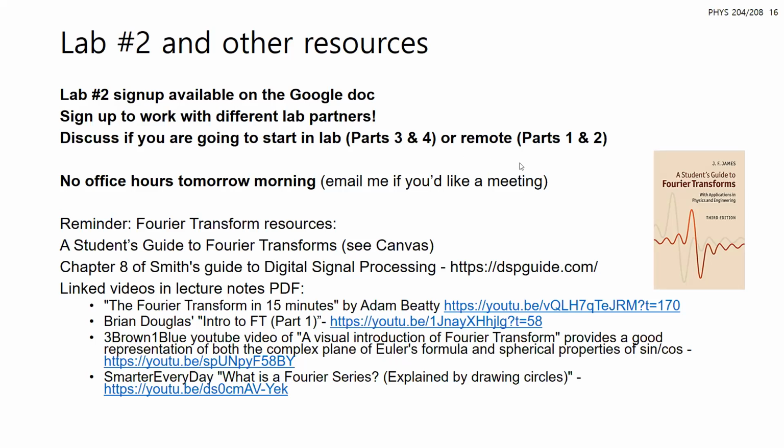I want to point out that parts 1 and 2 are remote. Part 1 is doing the Fourier synthesis just like we did in the last lecture, but with a different function. Part 2 is all in MATLAB. If you have MATLAB on your computer, which you can get from the software center, you can do that remote as well. Parts 3 and 4 are in the lab.